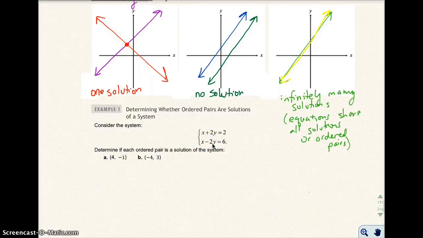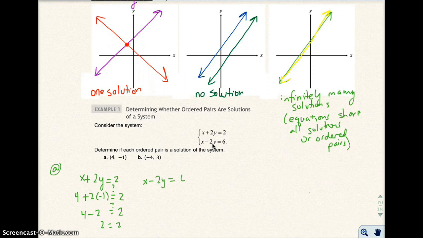So x plus 2y equals 2. And so I do 4 plus 2 times negative 1 equals 2. That's the question there. 4 minus 2 equals 2. Then I also have to check it in the other equation. So I have x minus 2y equals 6.